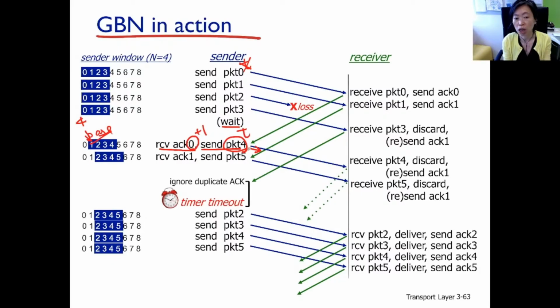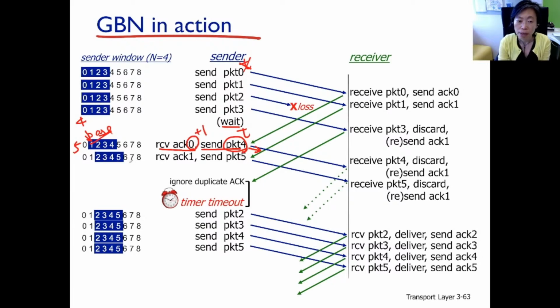No, so we do not start a timer here. Base is 1, so there's already a timer running. Next seq num, 4, does not equal 1, so we do not start a timer for packet 4. The timer is still associated with base 1. Then we increment the sequence number by 1, so 5 here.